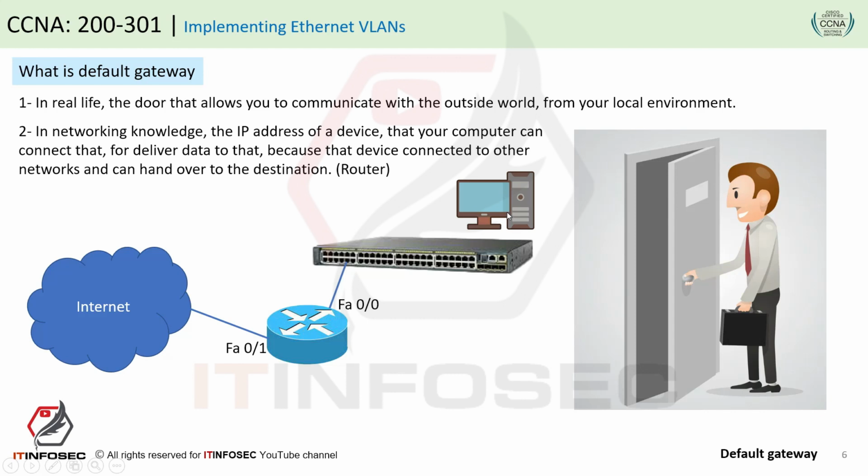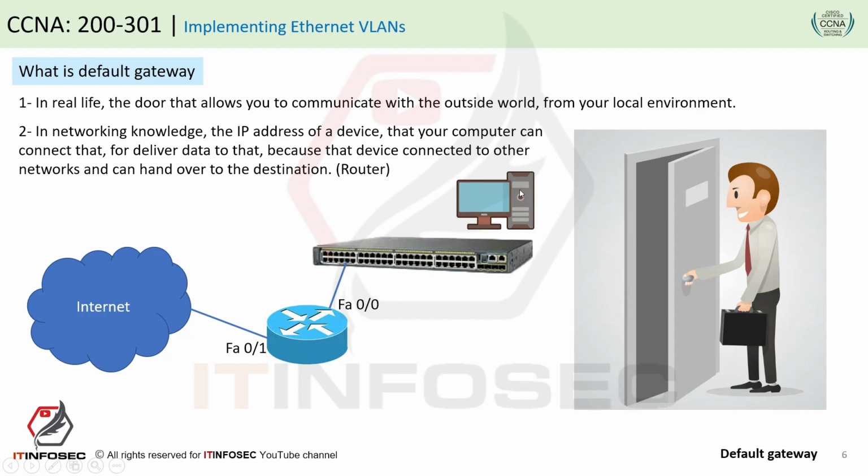For example, I'm here, this computer, and we have the router, a layer 2 switch, and the internet. The router connects to the internet, for instance through a wireless modem router, and it has another LAN interface, FastEthernet 0/0, that connects to our switch, and my computer is connected to another port of the switch.